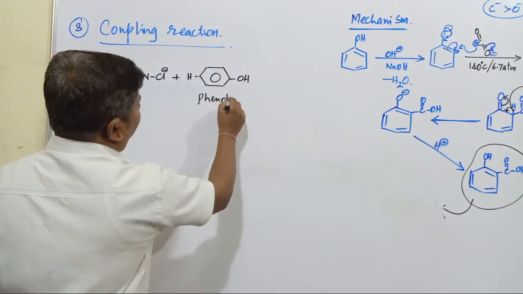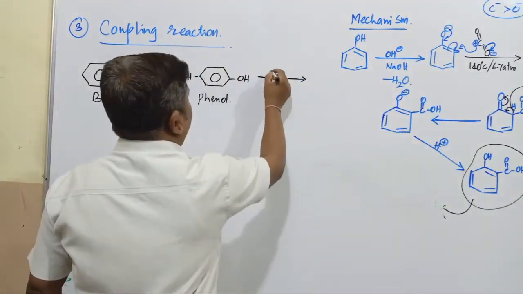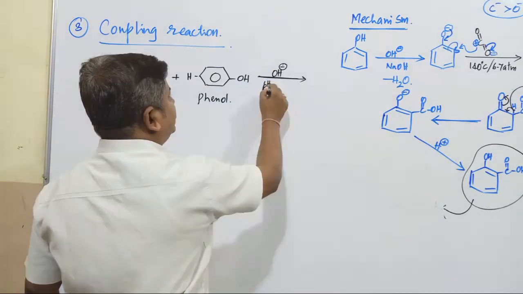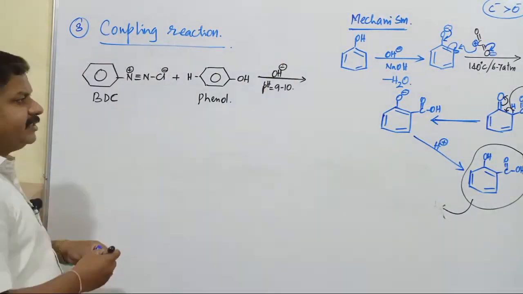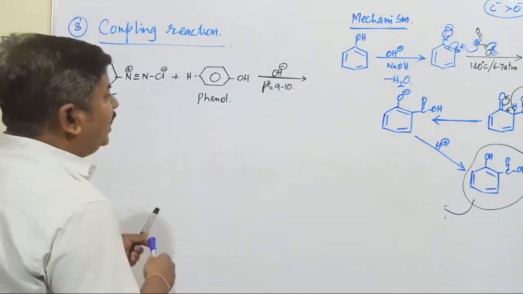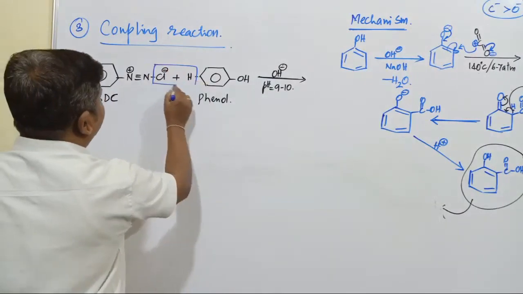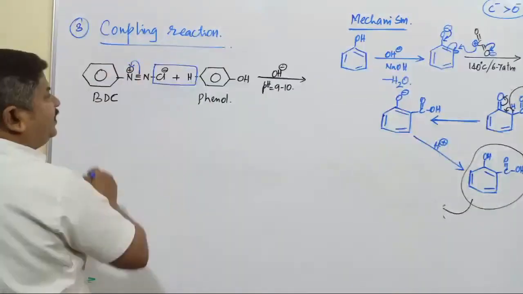Phenol. When this reaction is carried out under basic medium, that is, the pH of the solution is between 9 to 10. pH 9 to 10 means it is basic medium. Above 7 it is always what? Basic medium. In case of basic medium, what happens? Elimination of this HCl takes place. When elimination of this HCl takes place, these electrons are shifted over here.